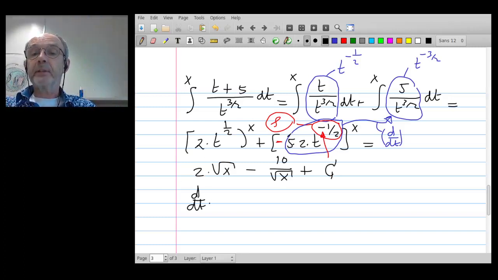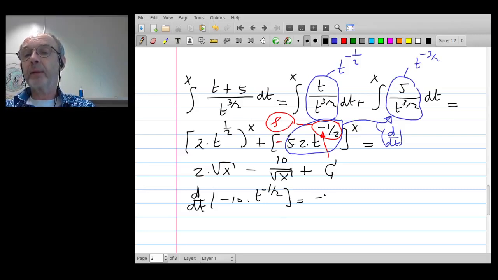Yes, the derivative with respect to the t variable of minus 10 times t to the power minus 1 over 2. Now if you differentiate it, you have minus 10 times minus 1 over 2 times t to the power, and then you have to subtract 1, and so you have minus 3 over 2.